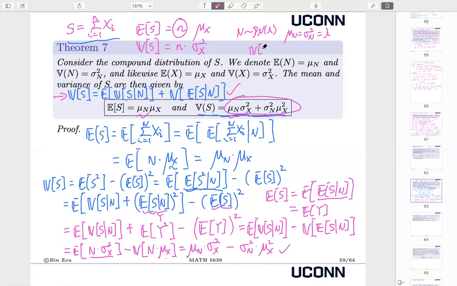So in this case, the variance of S equals lambda times the expectation of x squared, because I can collect this plus this. This is nothing but the second moment. This special formula is very helpful because we often apply a Poisson distribution to model the primary distribution. Okay, I will stop here and we'll continue in the next video.